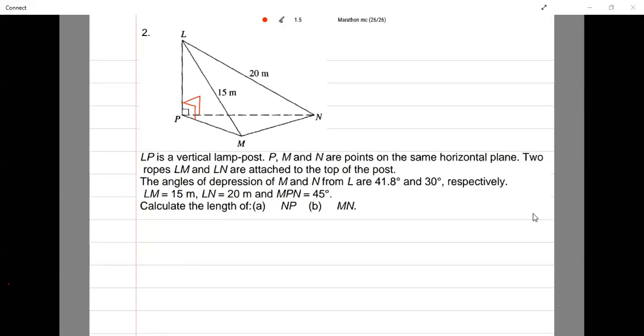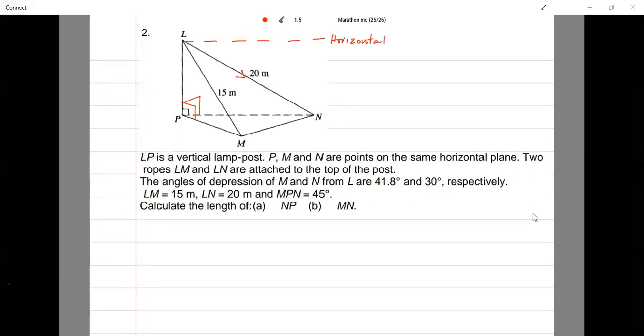So let's try and see if we can illustrate that angle of depression. All right, so that is my horizontal line. This is my line of sight.